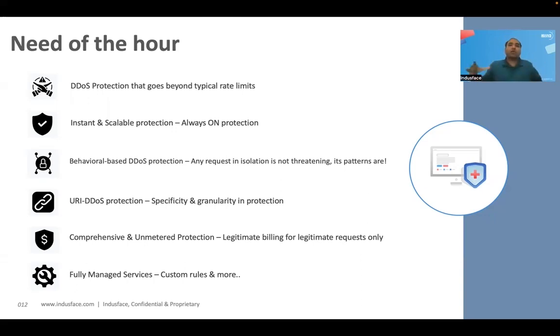So this is how a typical DDoS solution should work. It should scale first, observe the request, analyze it, and then allow only legitimate requests to the origin. So one, it should scale first, scale seamlessly. That has to be taken care of, and it is paramount. The DDoS protection should be in line so that it can look at all the requests in real time and take corrective actions.